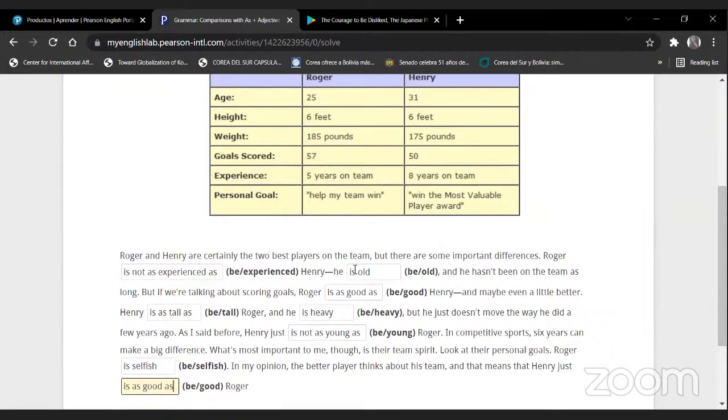I have doubts here. Maybe there is no subject explicit in this sentence, and I don't know. Maybe he's older and he hasn't been on the team.